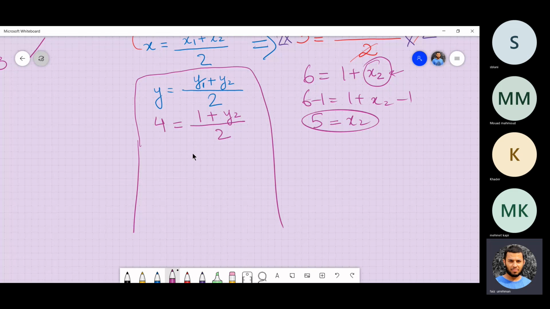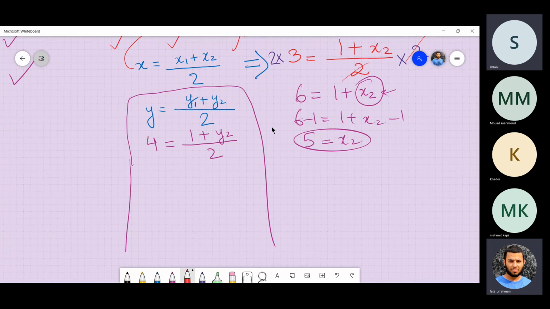Yes. How? 2 is in division, so we will do multiplication on both sides. Multiplication by 2 here and multiplication by 2 here. To remove this, 2 will cancel with 2.